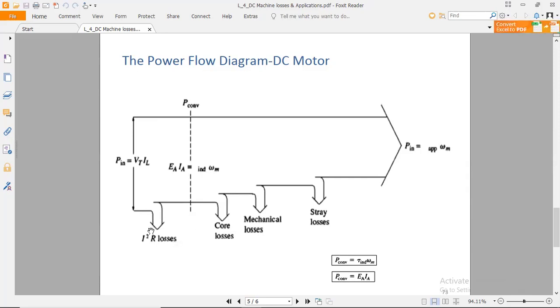Then it is combined with the core losses, mechanical losses, and stray losses. On the motor side, the mechanism is a little bit different, and at the end we get the output power.